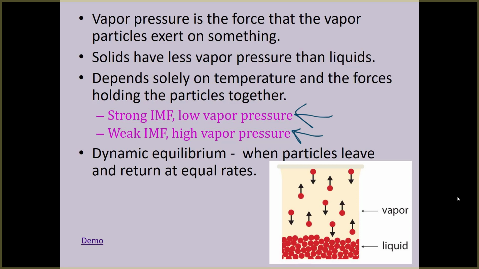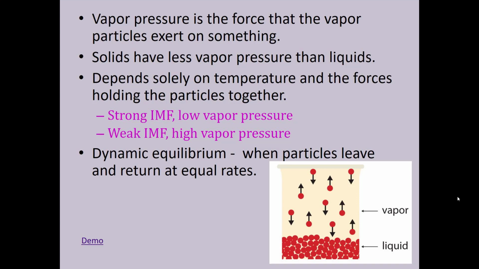Now, we can also have a vapor pressure associated with solids, but it would be considerably less, because with a solid versus a liquid, their intermolecular forces would be a lot stronger just because of the fact they're a solid. And we already talked about dynamic equilibrium, when particles leave and return at the same rate.